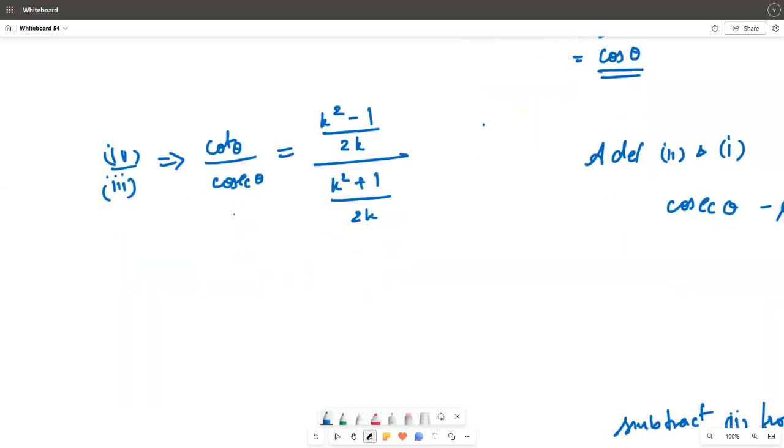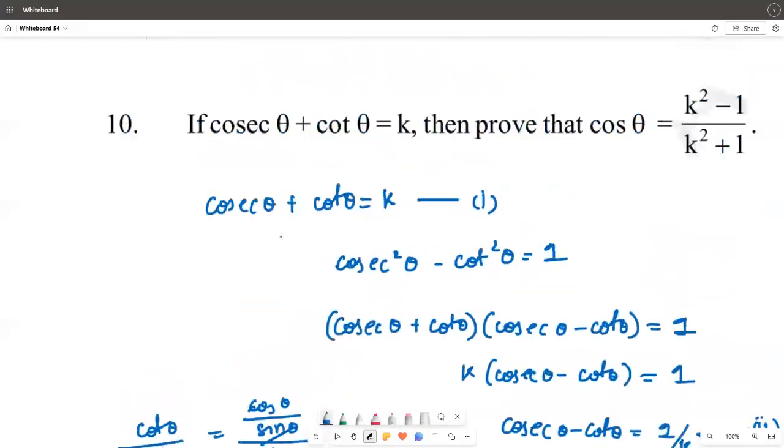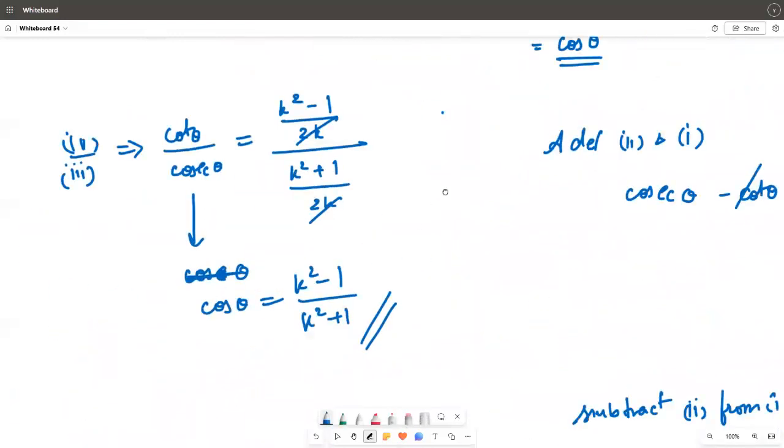After simplification we got cos theta, and this 2k gets cancelled, therefore it is k square minus 1 by k square plus 1. That is the thing they told us to find: if cot theta plus cosecant theta is equal to k, then prove that cos theta equal to k square minus 1 by k square plus 1. That is the thing we got.